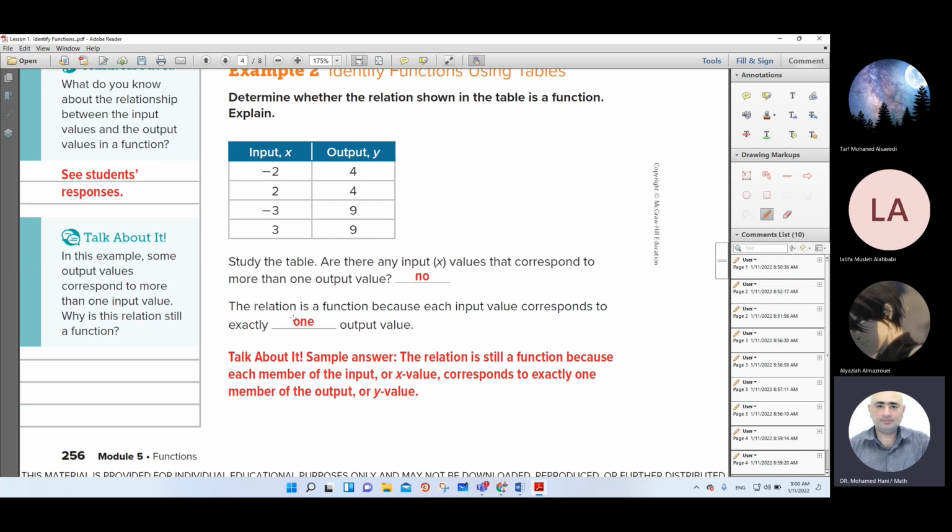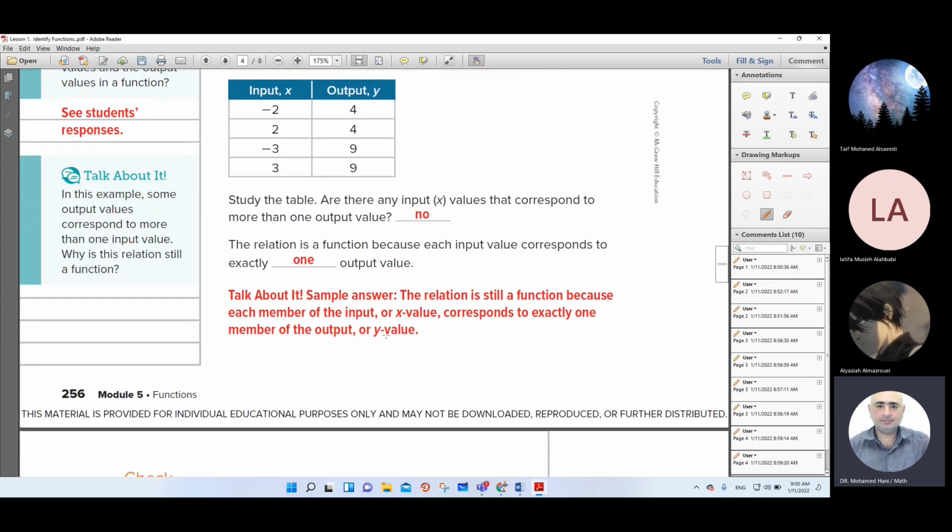So the relation is a function because each input value, or x value, corresponds to exactly one output value, or y value.